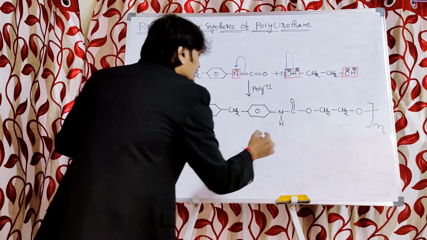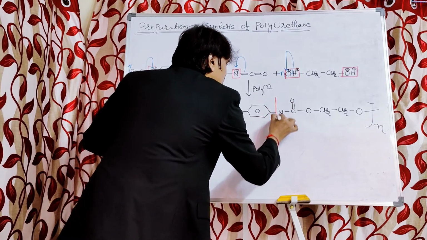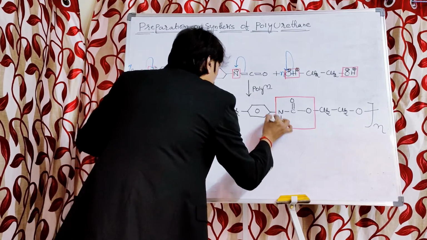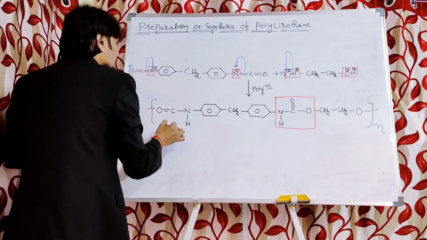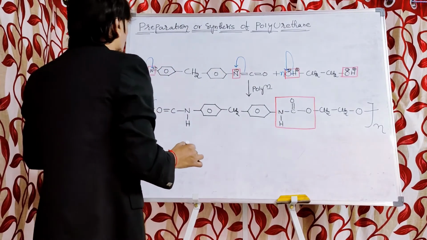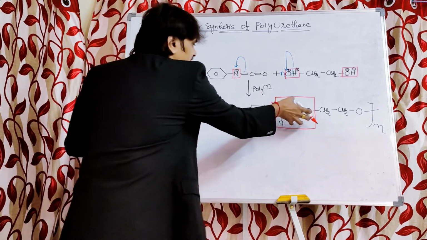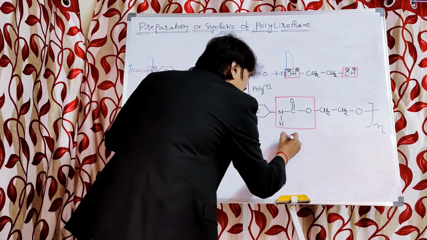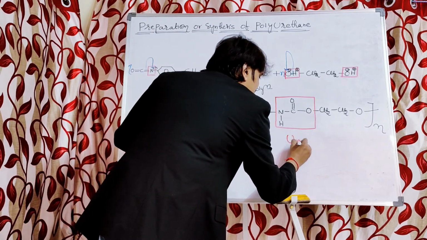Now do remember that this particular NHC double bond OO is the urethane linkage.